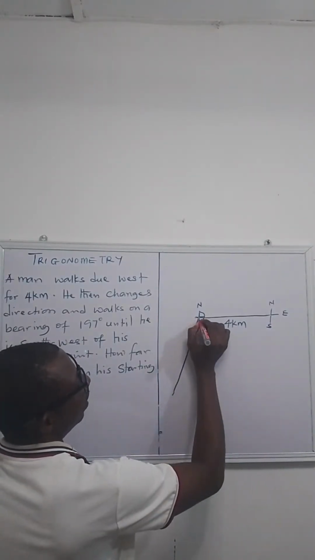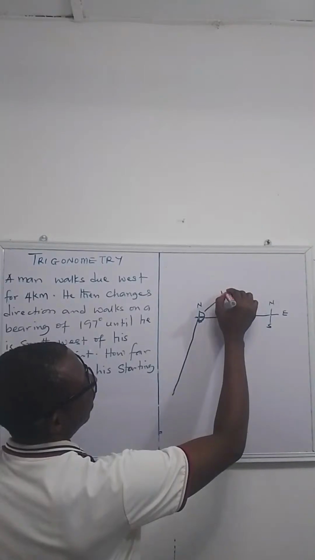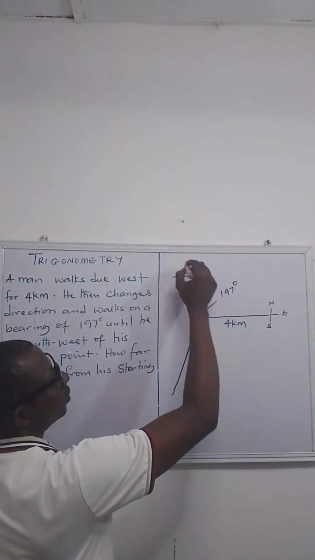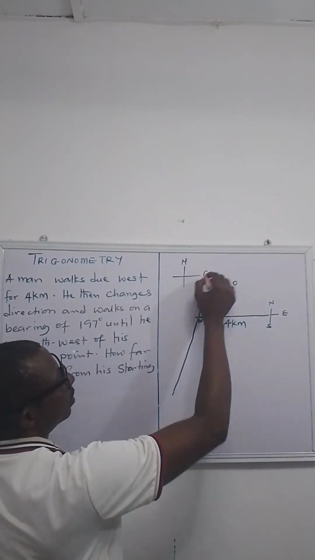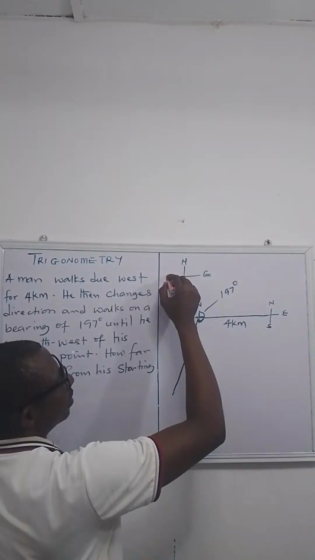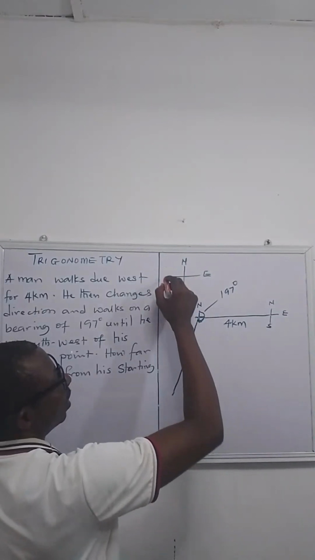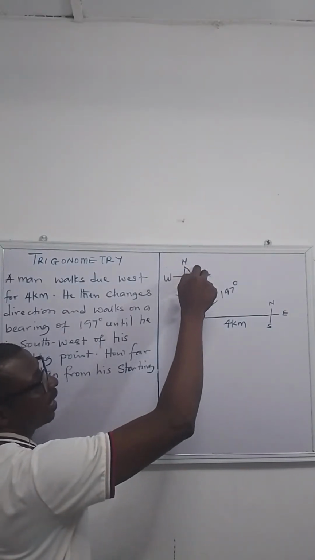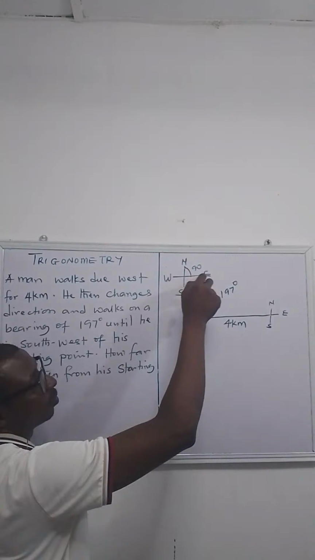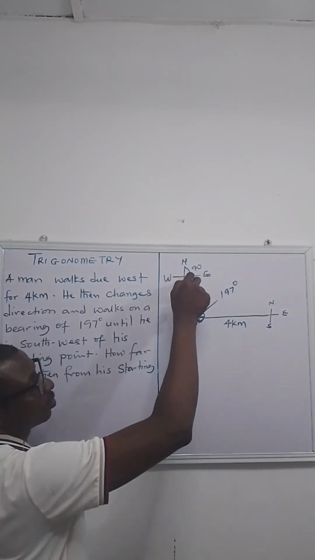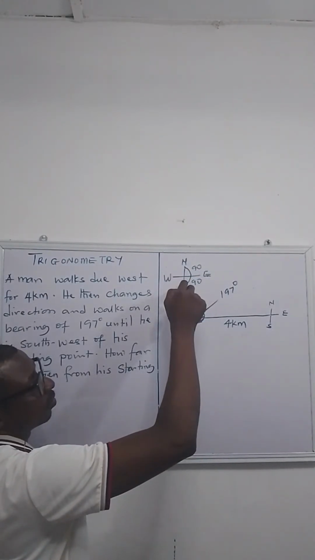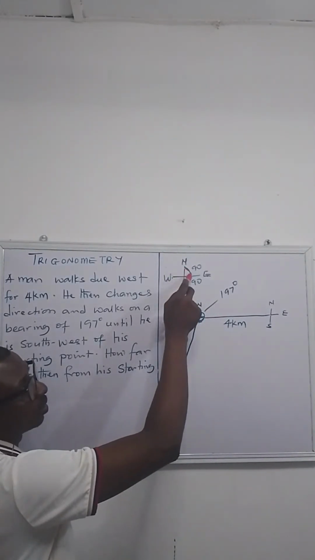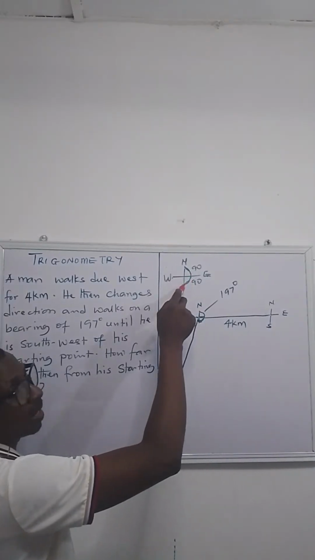So look at it. If you have your north, your east, your south and your west here, moving from north to east is 90 degrees, from east to south is also 90 degrees, and from south to west is 90 degrees. This person starts from the north, 90, moves down to 180.